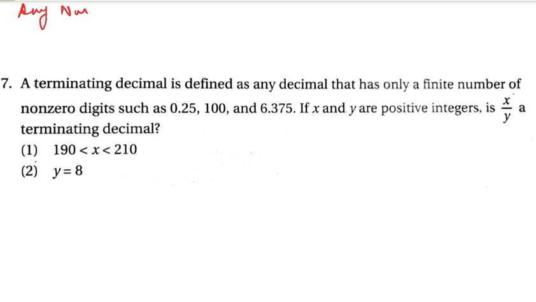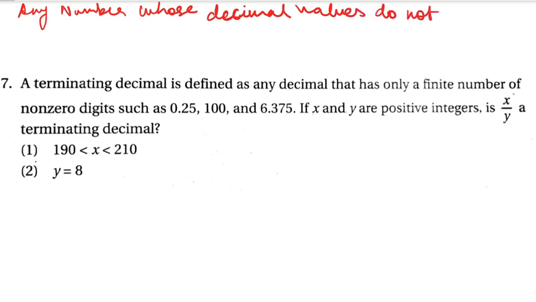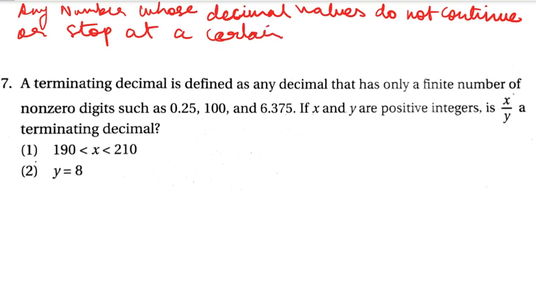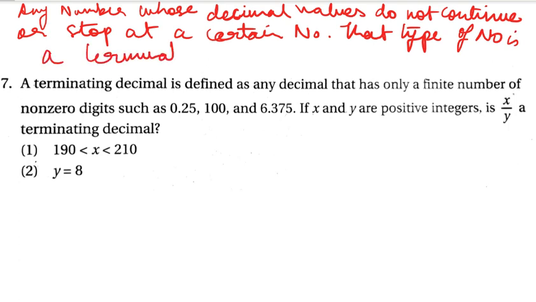Any number whose decimal values do not continue, or stop at a certain number, that type of number is a terminating decimal.